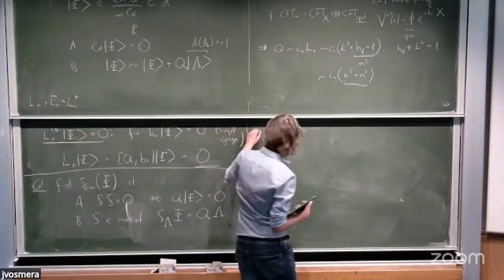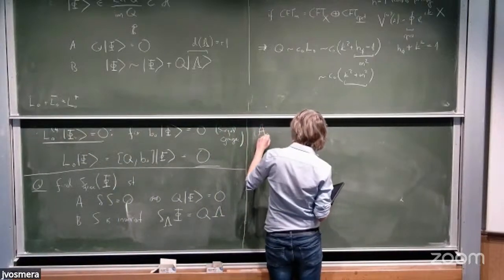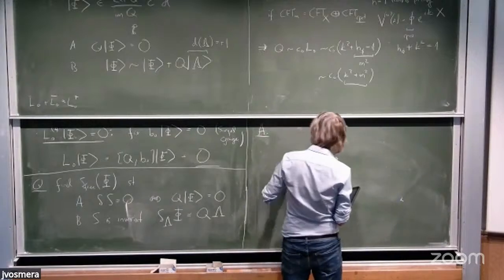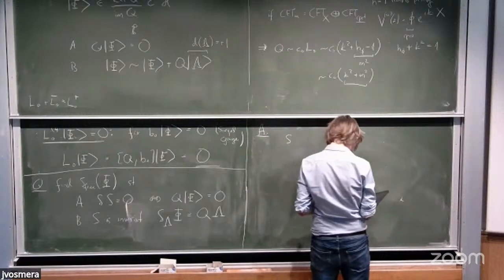So now the answer to this problem is the following. First of all, let me just, so to speak, parameterize the answer by saying that it can be written in the following form.